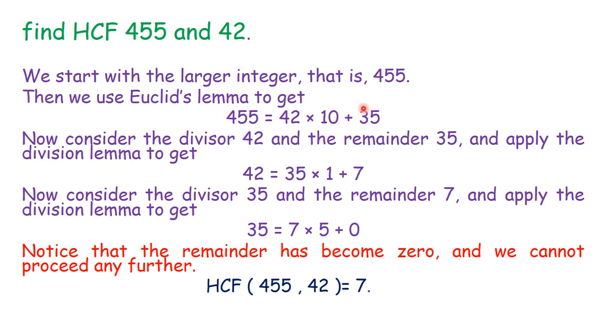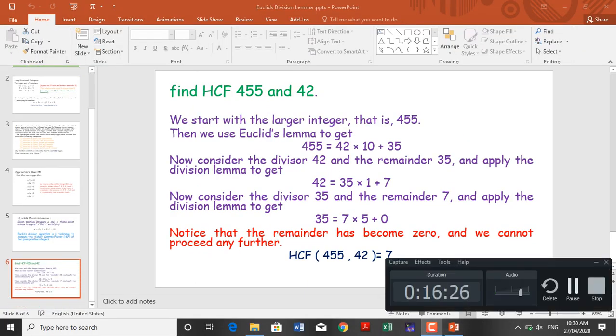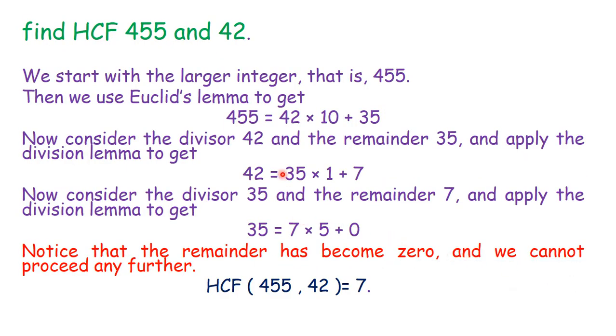Here the remainder is 35. So since remainder is not 0, continue to use again Euclid's division lemma to 42 and 35. After dividing 42 by 35, we will get quotient 1 and remainder 7.